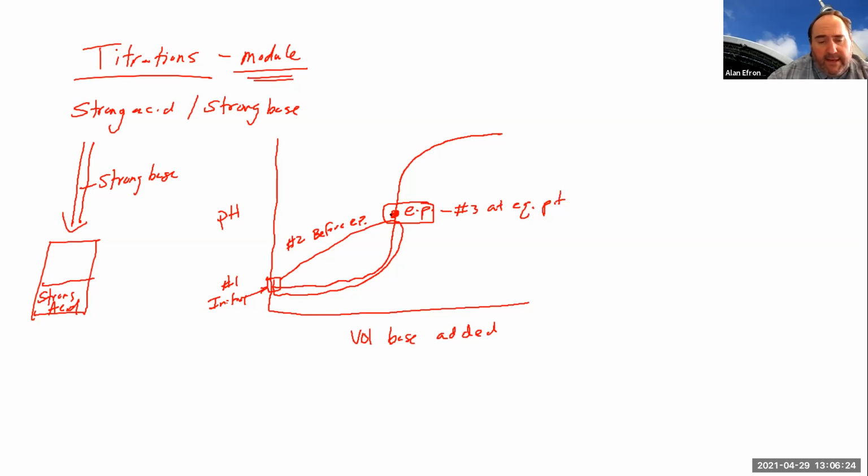In a normal titration, something you would have done in, say, Chem 50 or even before that, we oftentimes stop right there, at the equivalence point. Remember that at that equivalence point, the moles of the acid will equal the moles of the base.